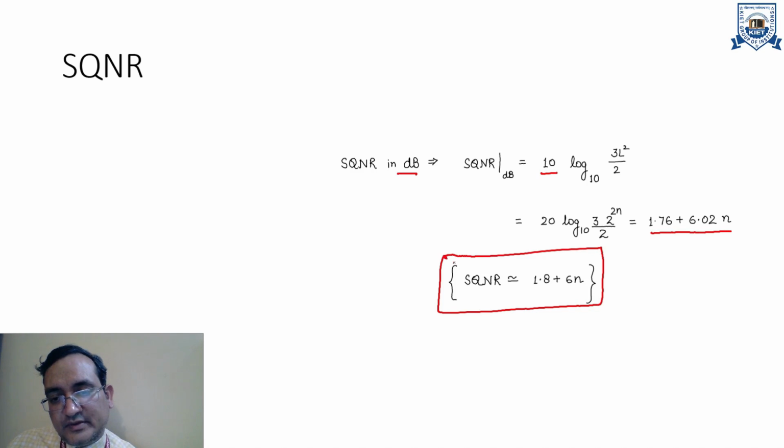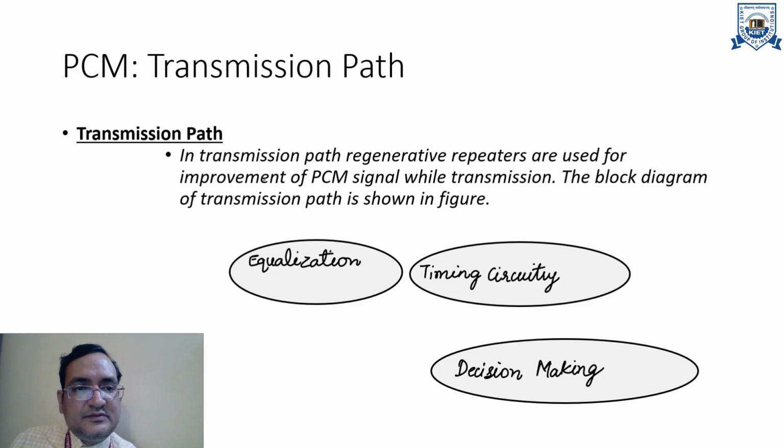The PCM transmission path is the third major important section of the PCM. In the transmission path, you can use regenerative repeaters, which actually receive the signal and remove the noise from that signal, and regenerate, refurbish your signal, right?